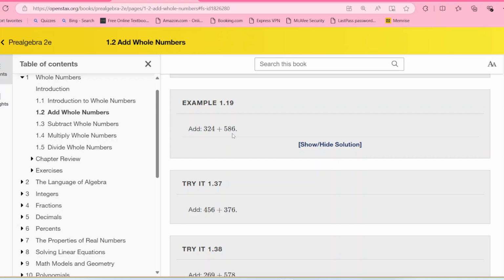The same procedure holds, though. When we're adding two addends, we're going to stack up vertically the place values, line up the place values, and then start from the ones place and add. And anytime the sum is 10 or more, we'll do some carrying.